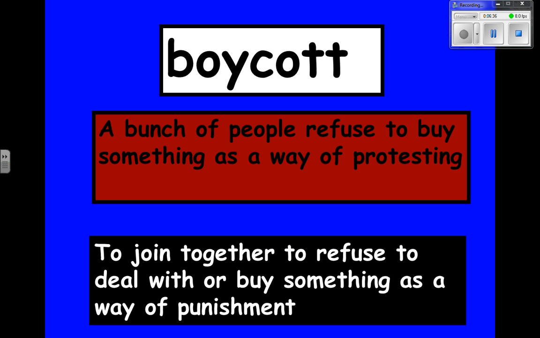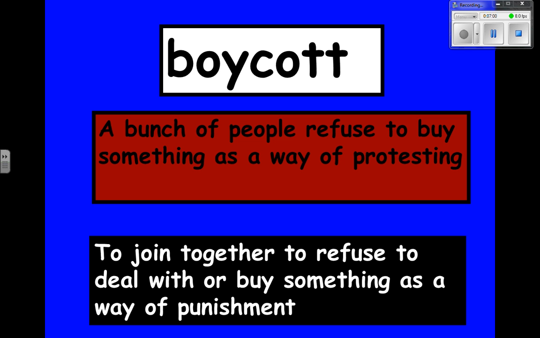Boycott. A bunch of people refused to buy something as a way of protesting. To join together to refuse to deal with or buy something as a way of punishment. One of the more famous boycotts in the 20th century, obviously, is the Montgomery bus boycott, which we just celebrated with the Civil Rights Movement anniversary of the March on Washington.